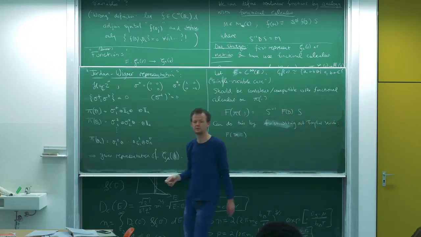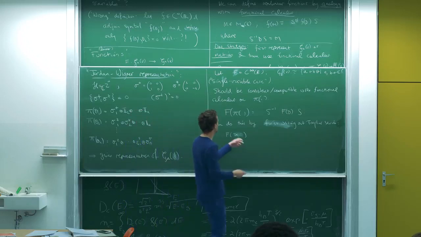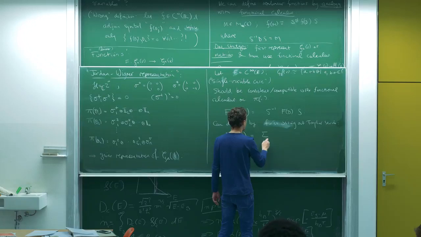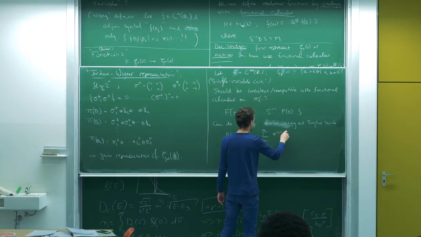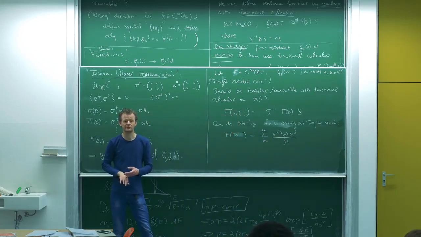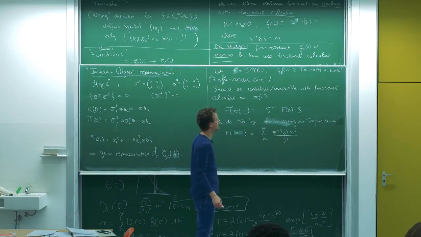There's a perfectly straightforward way to do that, and that is you first write out the Taylor series for the function f. And then you just substitute in place of x pi of theta or whatever you have.